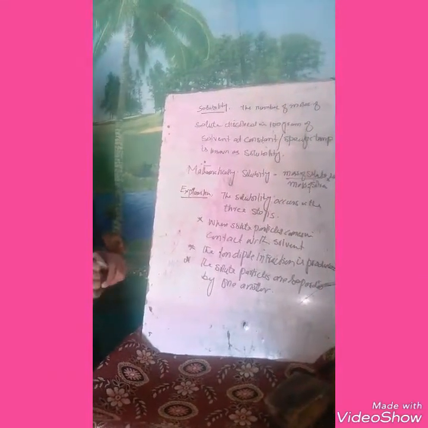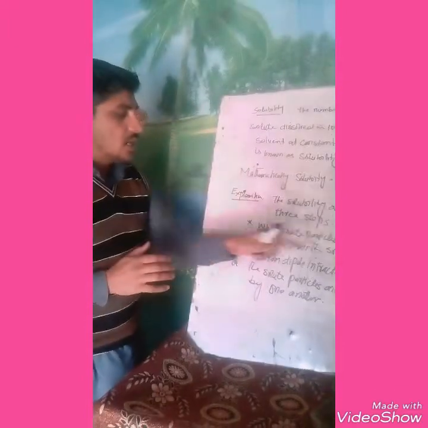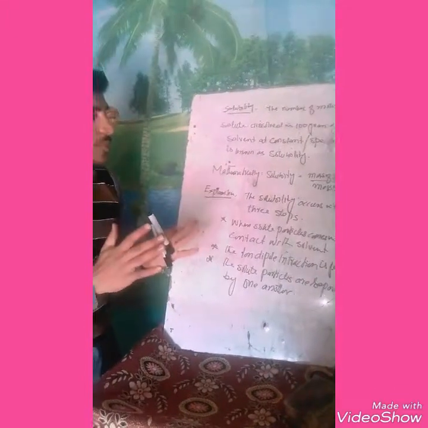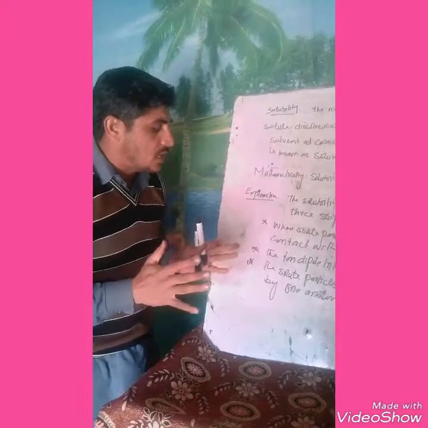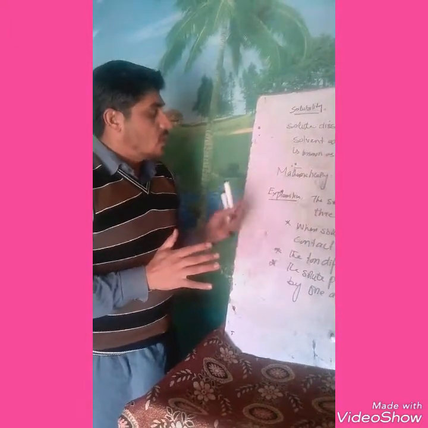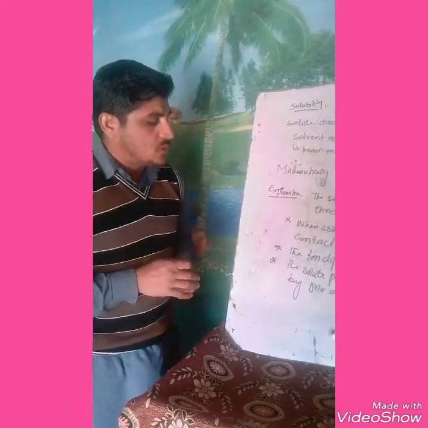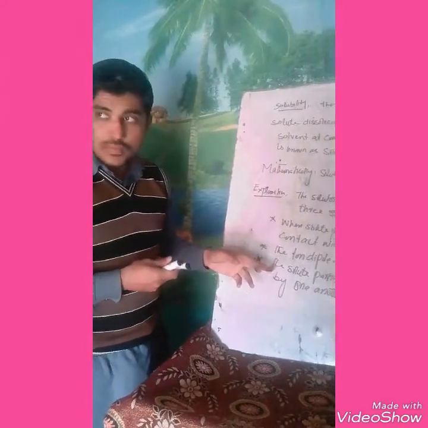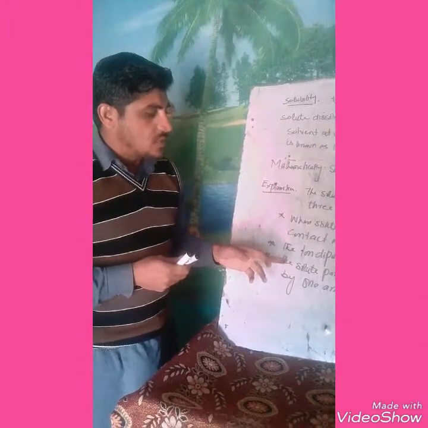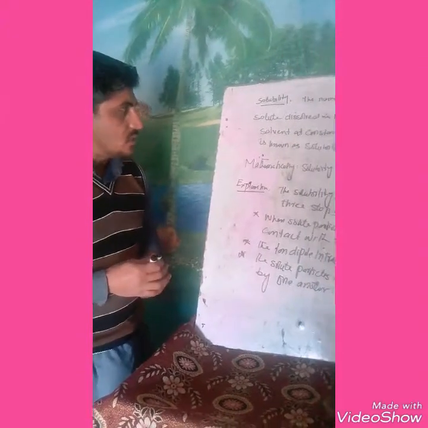Explanation. Solubility occurs in three steps. When a solute particle comes in contact with a solvent, the ion-dipole interaction is produced. The second, the ion-dipole interaction is also produced. In the third step, solute particles are separated from one another.